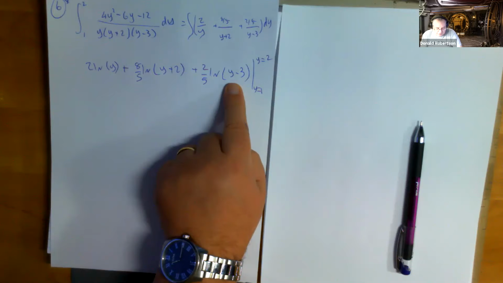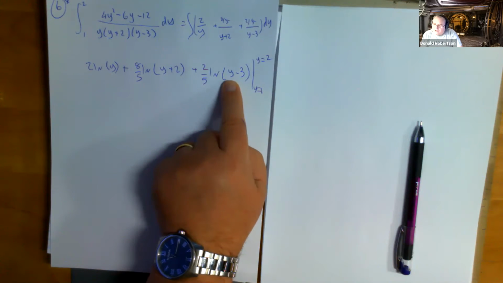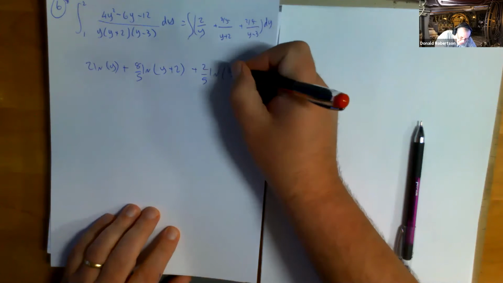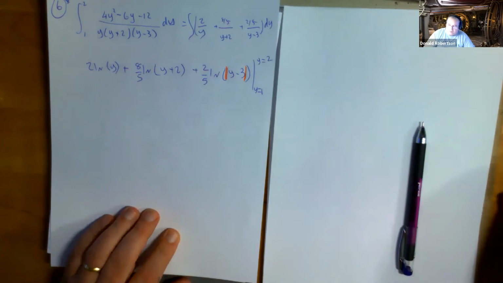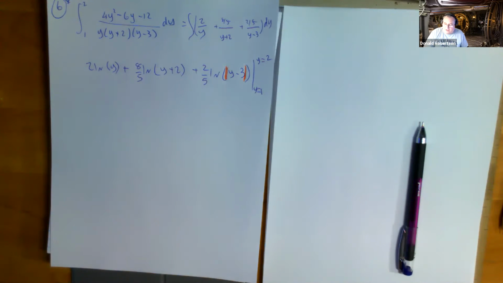If you plug in 2 here, won't I get the log of -1? And if you plug in 1 here, won't I get the log of -2? So this would be an exception to the rule where I think actually putting in the absolute value will allow you to get a number that works.